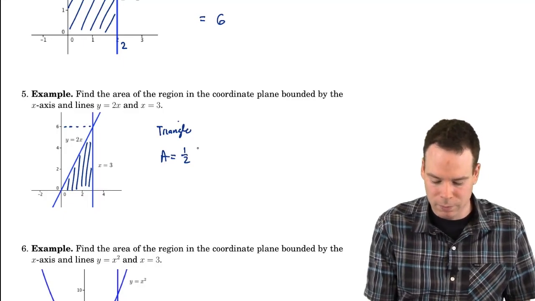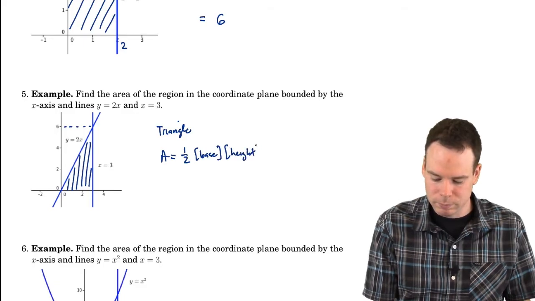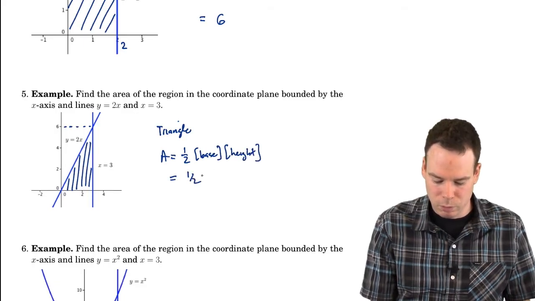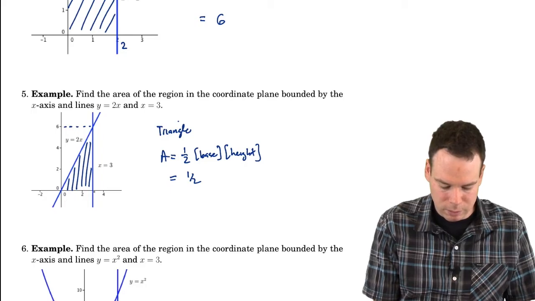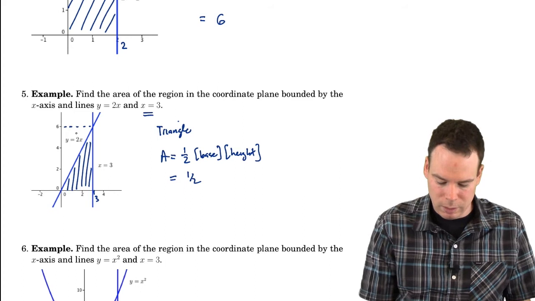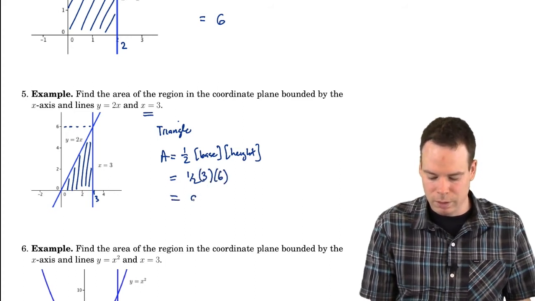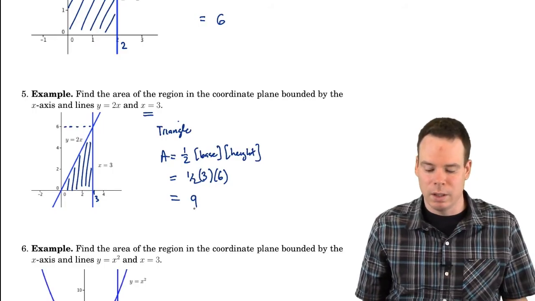So this is 1/2 base times height, which is 1/2. What's the base? It looks like it's about a 3 here, and it is, x equals 3. And the height is 6, so it's 1/2 times 3 times 6, or 9. So the area of that region is 9.